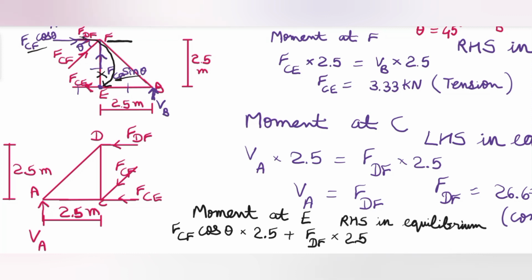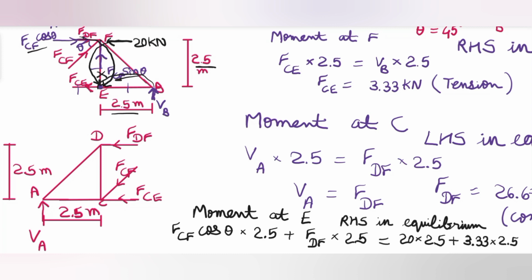Then here at F, 20 kilonewton force is acting, that also we'll have to consider, and the moment produced because of this will be anticlockwise. So clockwise moments is equal to anticlockwise moments. 20 into 2.5 plus VB will also produce anticlockwise moment, VB into 2.5. VB is 3.33.